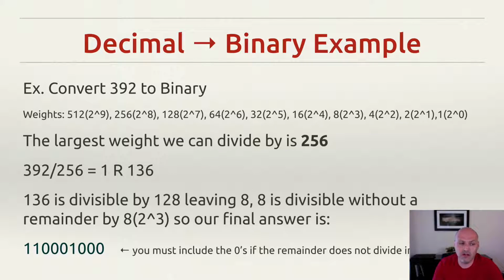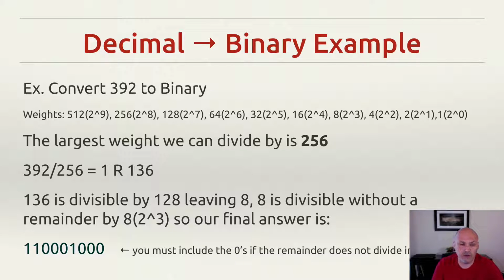We can't use the 512 because we can't divide 512 into 392, at least not with a whole number result. So now we're going to take that remainder and we're going to find the next weight that we can divide into it. 136 does happen to be divisible by the next weight, 128. That also results in a 1 with a remainder of 8.